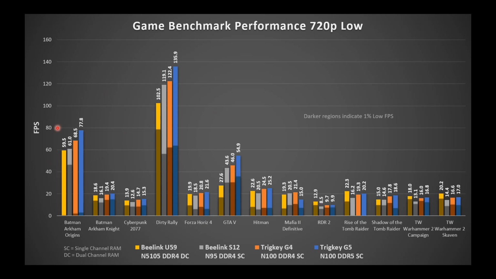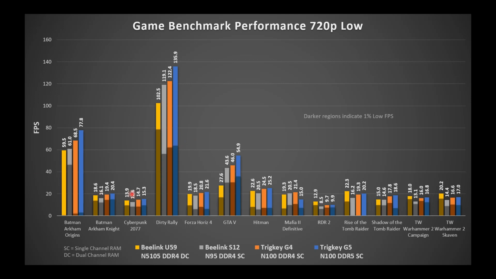Now what you see here is the average FPS of each of these games on each of these devices. And then the darker area here represents the 1% low FPS. So for example, on this Dirt Rally here for this Beelink U59, it has an average of 102.5, then a 1% low of about 79 frames per second.